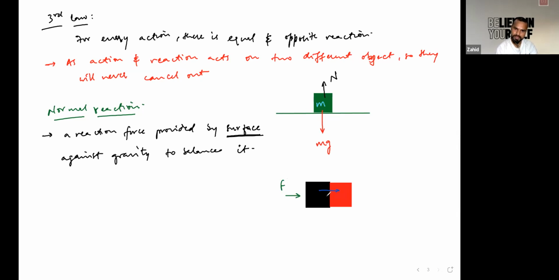In return, this block would also provide a reaction in the opposite direction. So the force in between two surfaces of contact is called normal reaction.